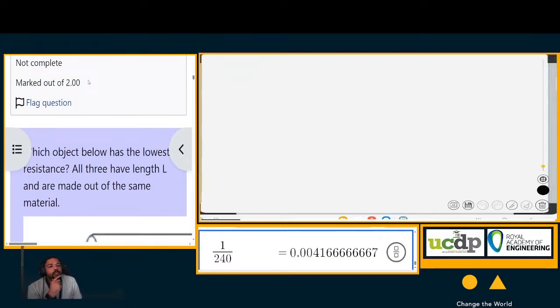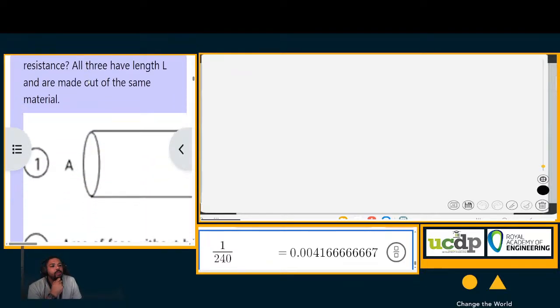Now, number 7. Which object below has the lowest resistance? Now, we know that resistance is equal to the resistivity multiplied by the length divided by the cross-sectional area.